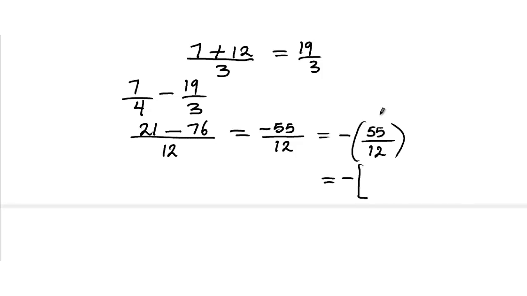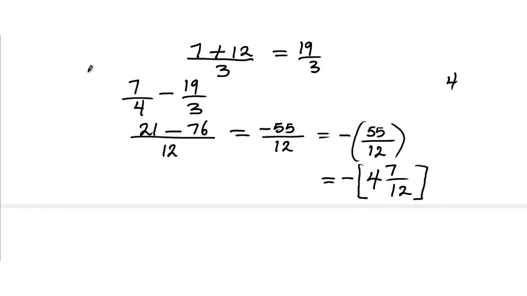Let's just do it this way. 55 divided by 12 gives us 4.58. So that means that it will go in 4 times, so that will be 4 whole number. So you can say 12 times 4, that is 48. Then what are you going to add to 48 to give you 55? So you can say 55 minus 48. That will give you 7. So that will give you 7 over 12.